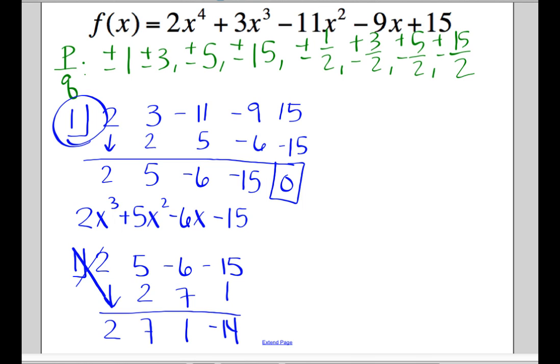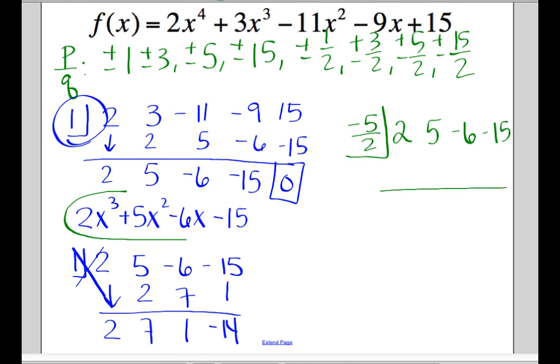Now, because I already know the answer, to save us a little bit of work with synthetic division, let's try negative 5/2. And we'll use, again, just the leftovers now, just the smaller one. You could go back to the original, but if you use the leftovers, the 2x cubed plus 5x squared minus 6x minus 15, this one here, it's a little less to deal with.